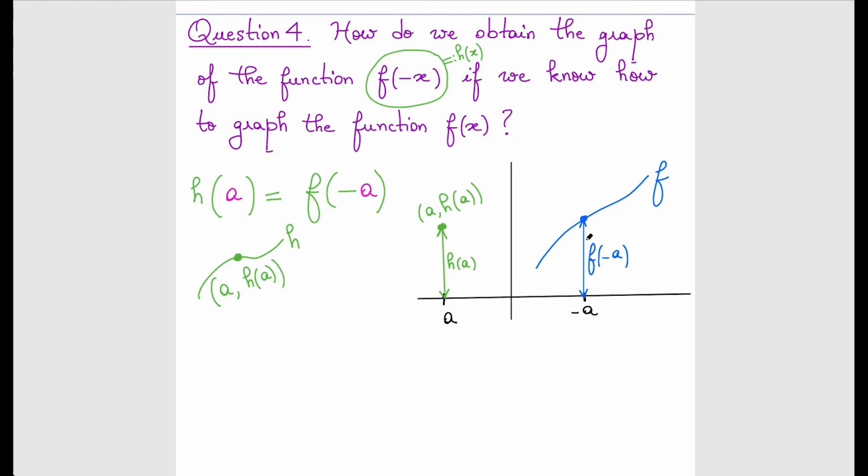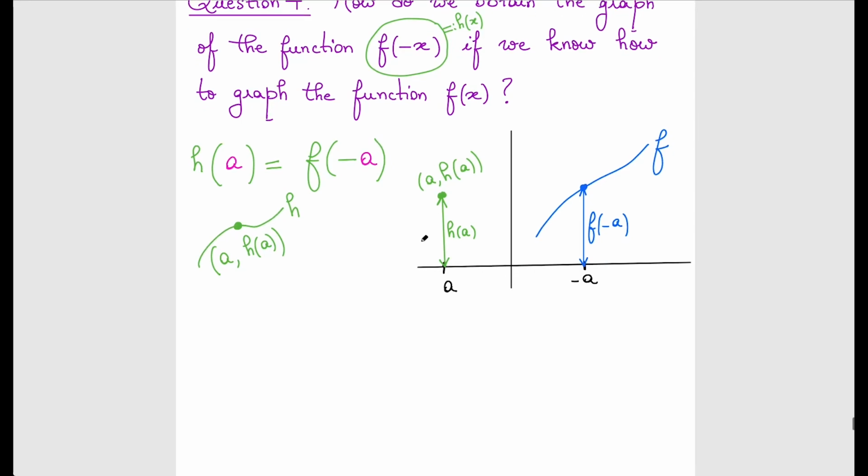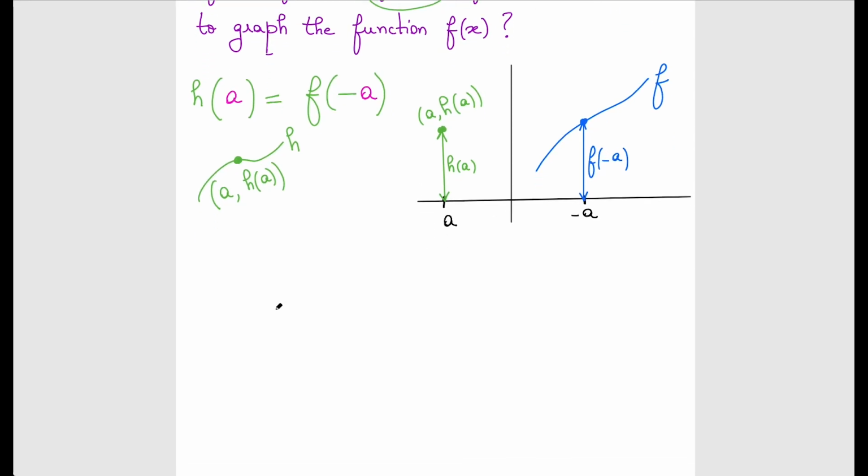Correct? So since this is going to happen for every point, it's going to happen point by point. So you're going to be constructing points that belong to the graph of h that are symmetric to points on the graph of f with respect to the y-axis. So all in all, the graph of h is going to be symmetric to the graph of f with respect to the y-axis. Okay? So this would be this discussion here. So let's conclude it.